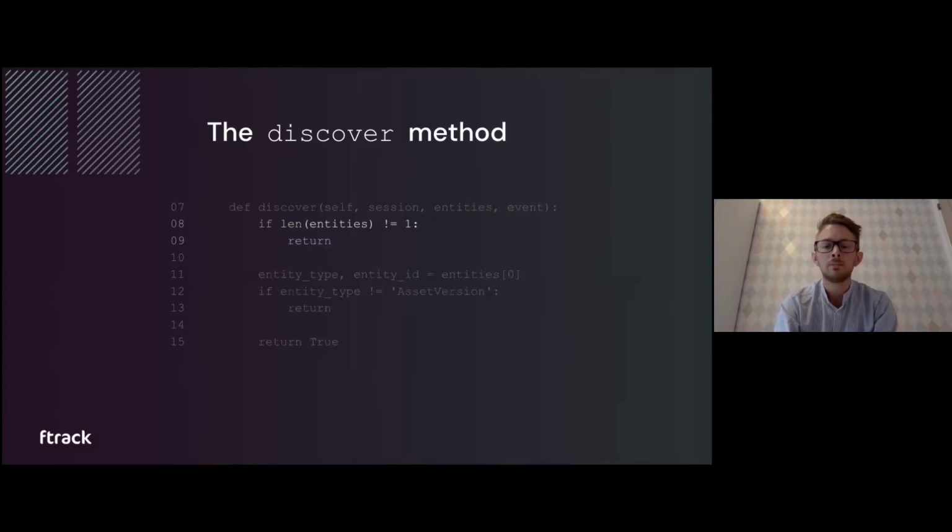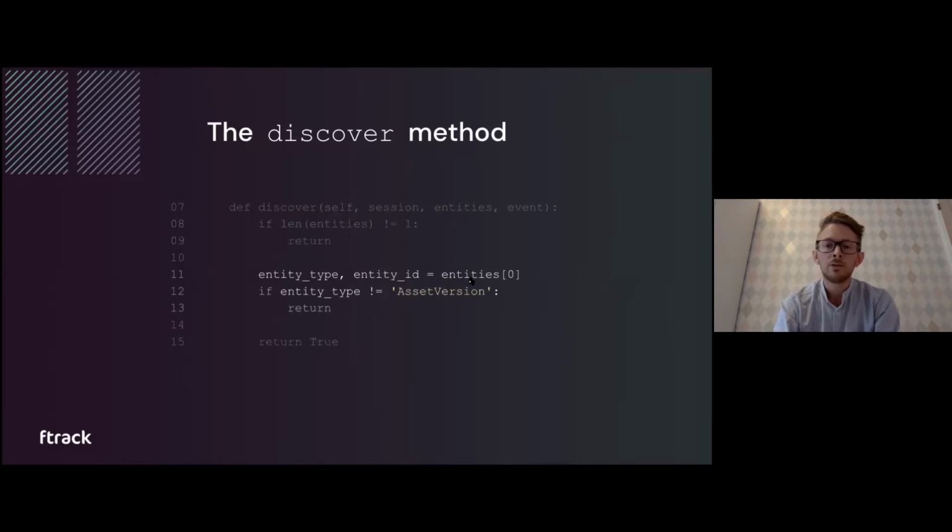The next few lines are just checking the type of entity that was selected, because at this point we know that it should only be one entity that is passed to the action, otherwise this would have returned already up here.